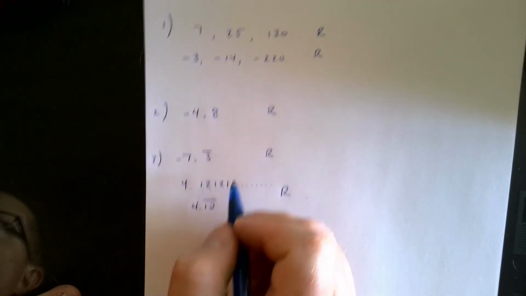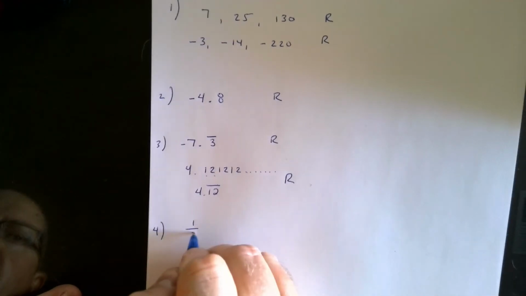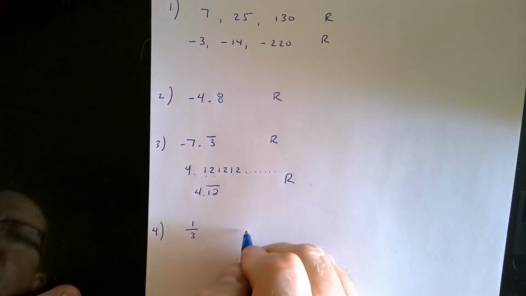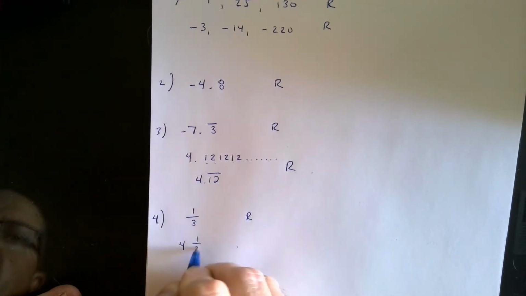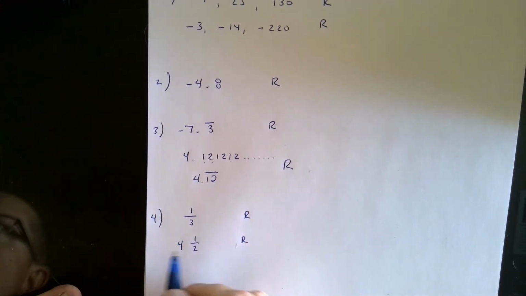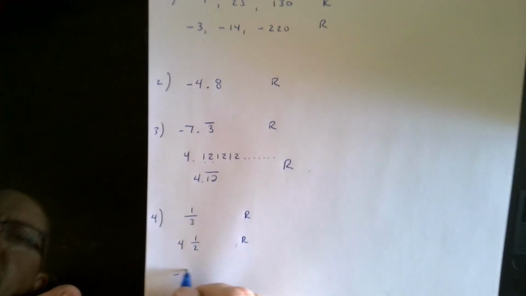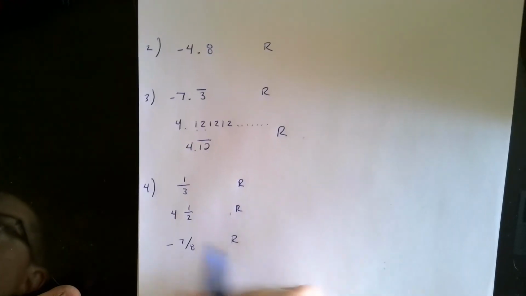Okay? Let's look at fractions. 1/3. 1/3 is rational. 4 1/2, so it's a mixed number. That is rational. If it was a negative fraction, -7/8, that is also rational.